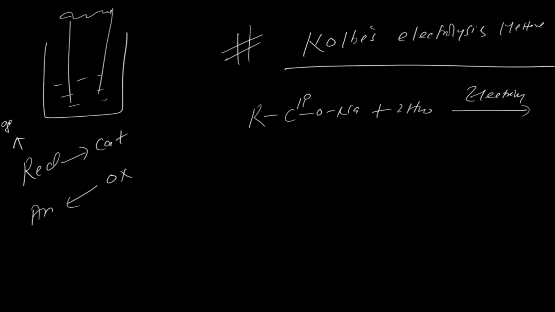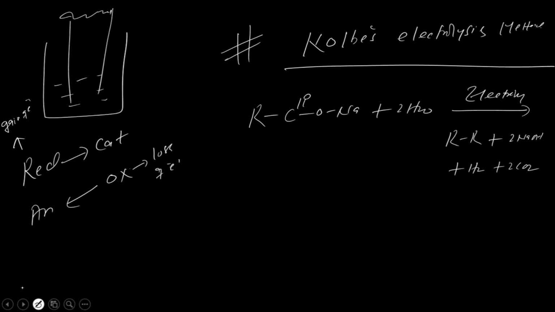Reduction is gain of electrons, and oxidation is loss of electrons. So these red cat and ox phenomena take place in Kolbe electrolysis. How will the reaction take place? I'll move towards the mechanism, but first write down the balanced equation for this reaction. This is the balanced equation we have.